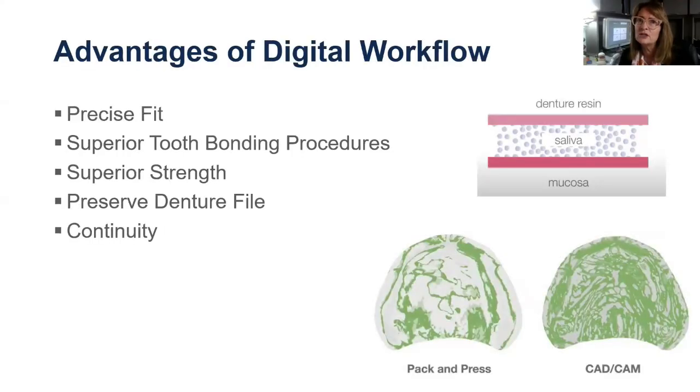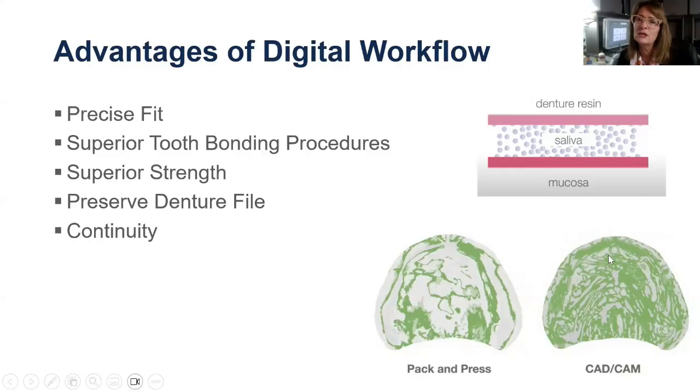So some of the advantages of a digital workflow is a more precise fit, superior bonding procedures, and that's through the chemical adhesion of the printed denture tooth to the printed base, superior strength, preserving the denture file, which I just briefly mentioned, and consistency and continuity.